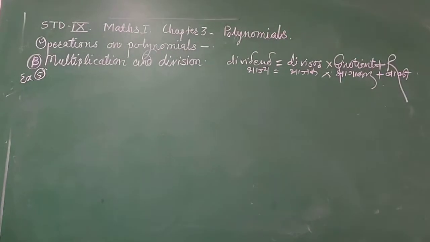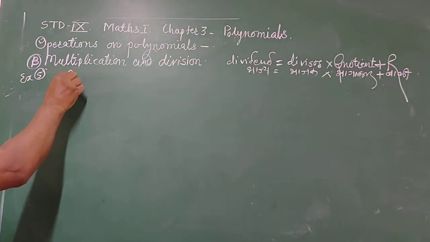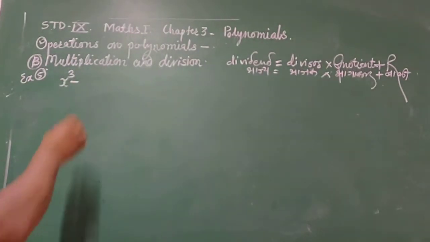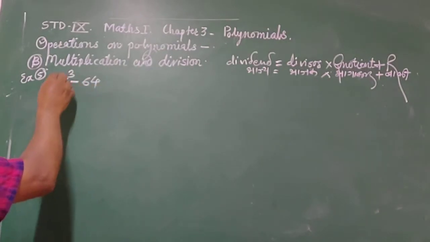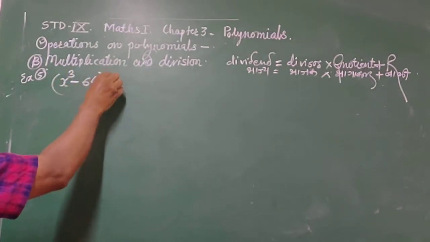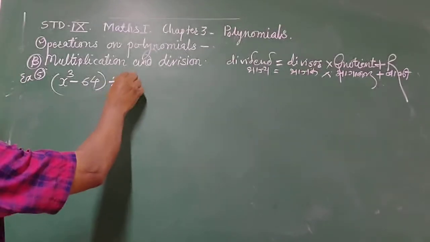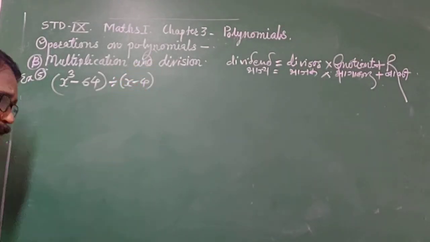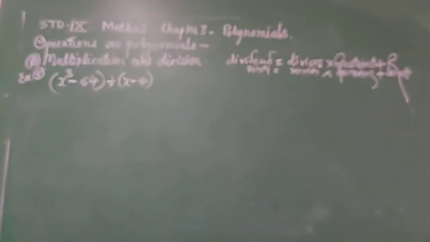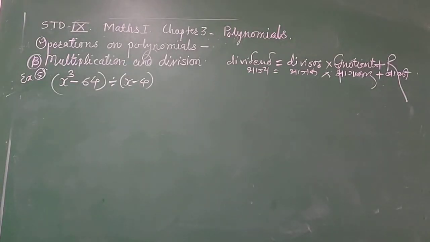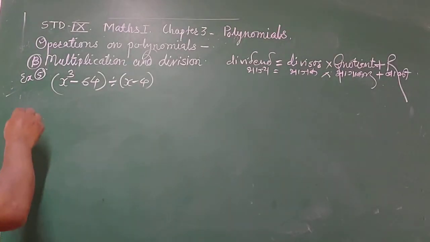So the first example, that is x cube minus 64, the given polynomial, is divided by another polynomial, that is x minus 4. So this is example number 1 from question number 5.